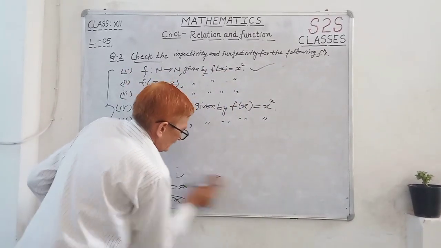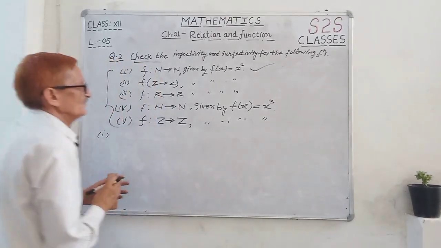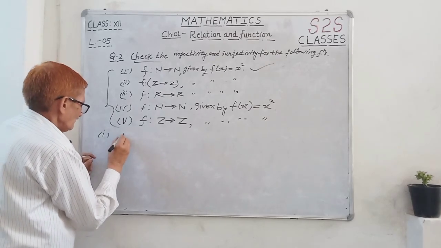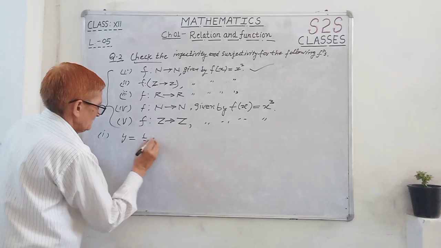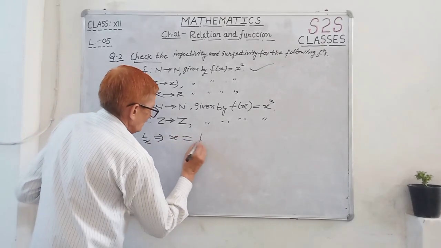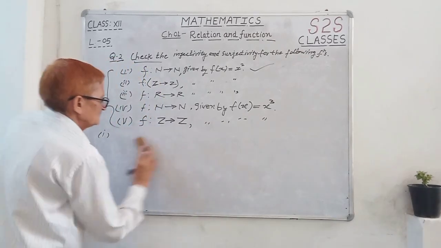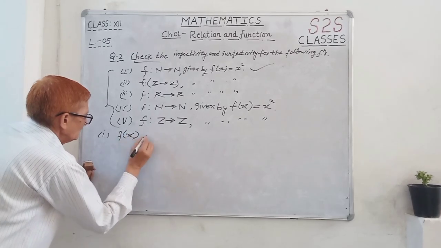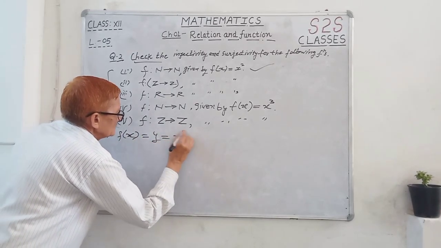For onto we have to find the range of this function for domain natural numbers. Here f(x) is equal to y is equal to x square.